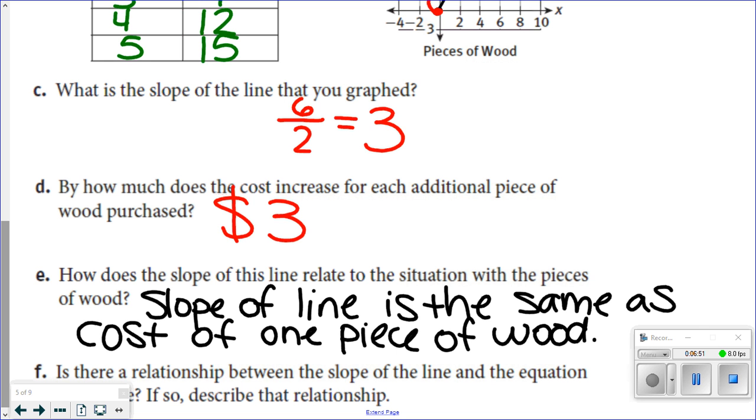So my slope is 3. It costs me $3 for every one piece of wood that we're buying in order to build the ramp.